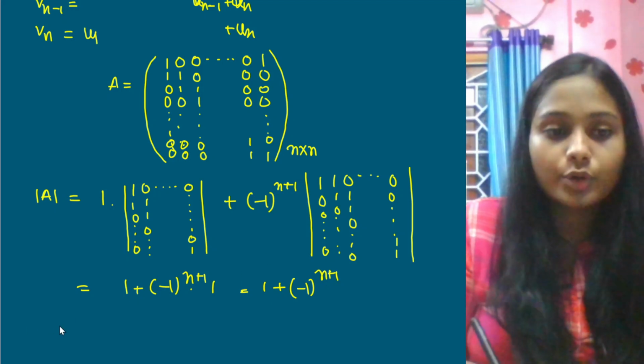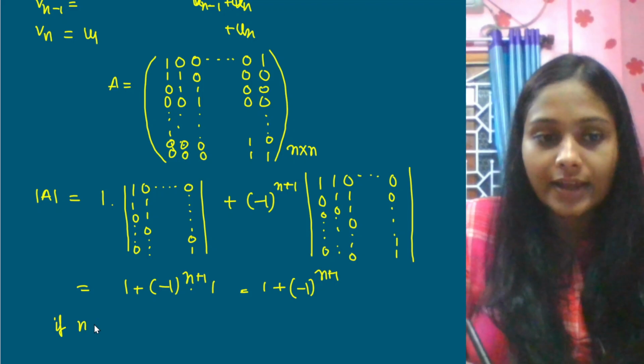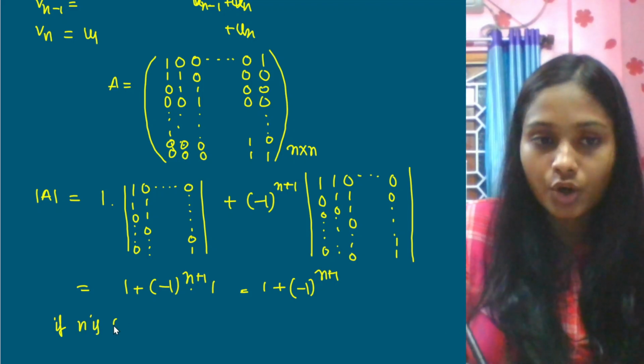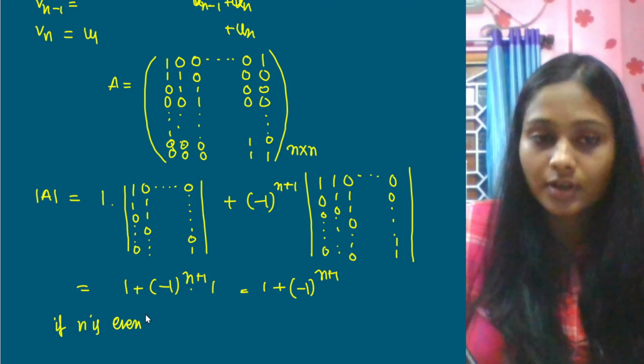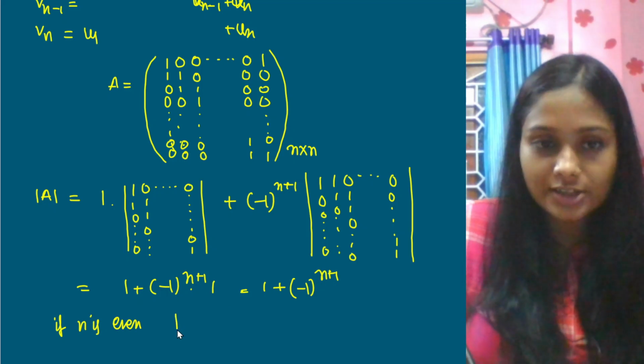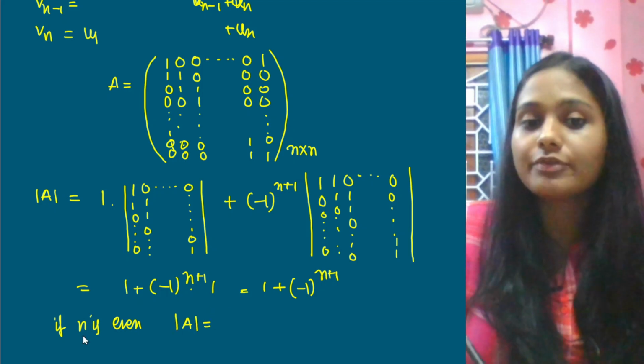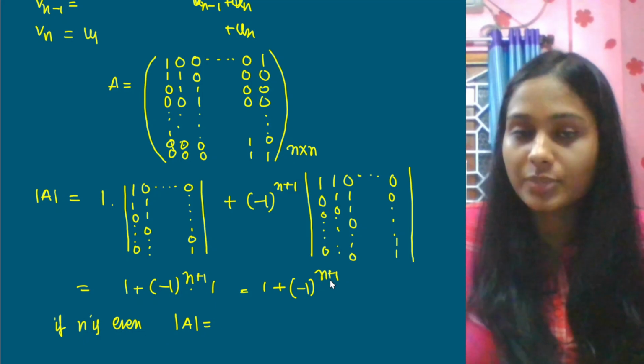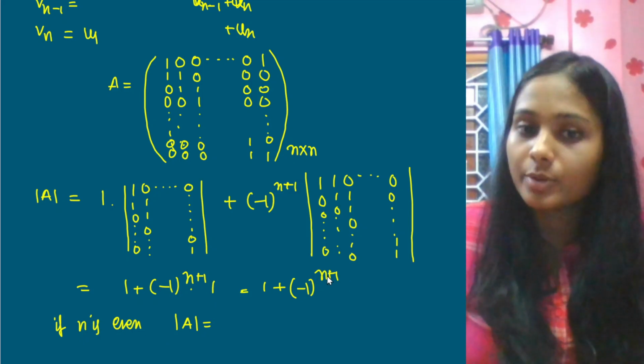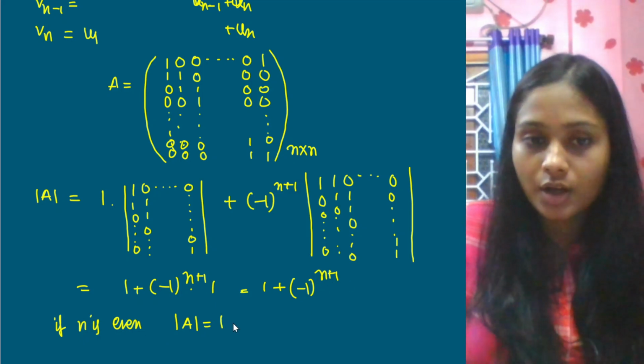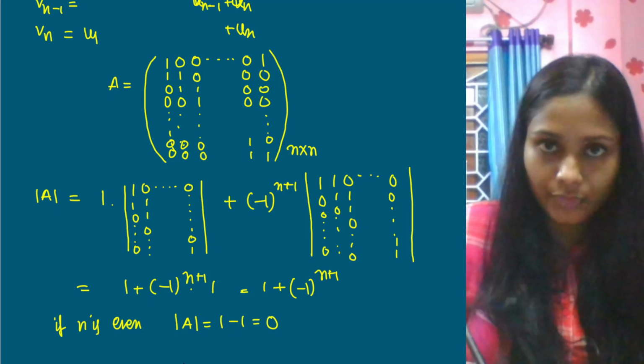Okay. So if n is even, then what will the determinant of A be? If n is even, this is even plus 1, so odd, and minus 1 power odd is minus 1, so this is 0.